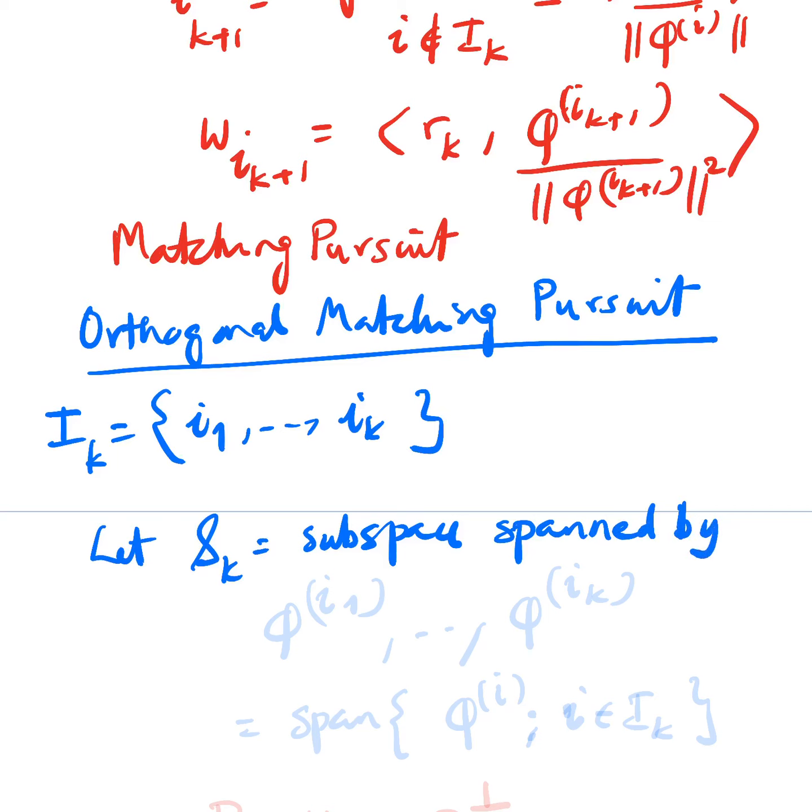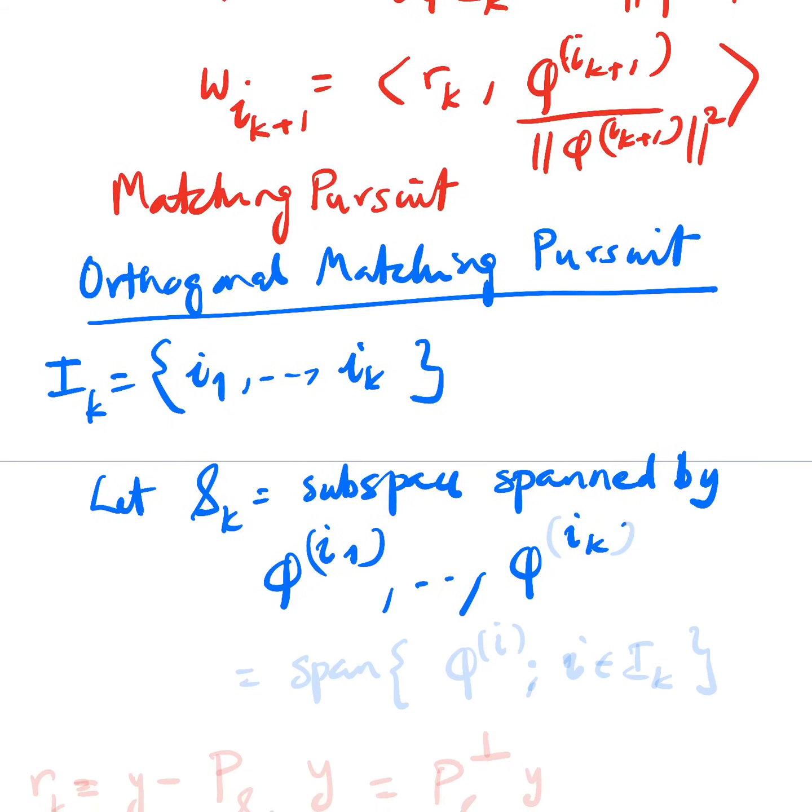So the subspace spanned by phi I1 through phi Ik, it's the span of phi I such that I is in Ik. Of course, you can maintain an orthonormal basis for this subspace by doing Gram-Schmidt on the columns that you have so far, etc. Let's not get into those details.